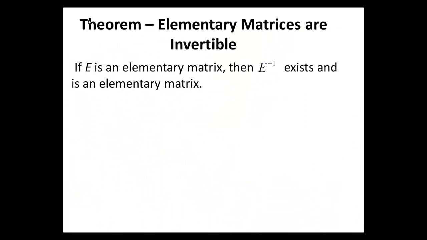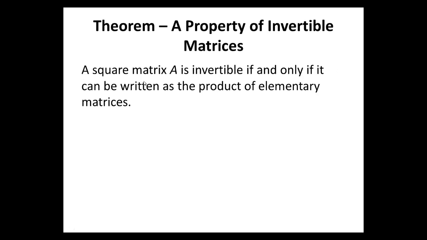Theorem. Elementary matrices are invertible. If E is an elementary matrix, then E inverse exists and it is also an elementary matrix. We saw that before. Theorem. A property of invertible matrices.